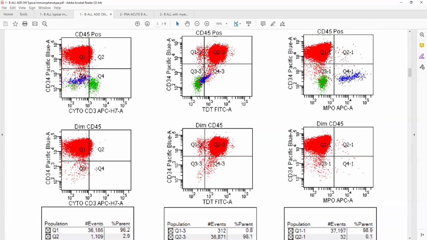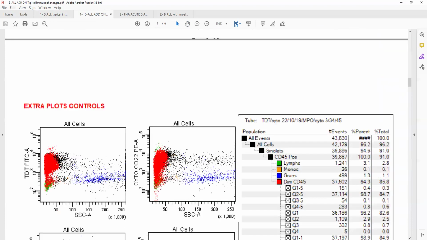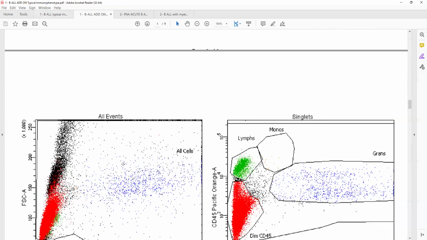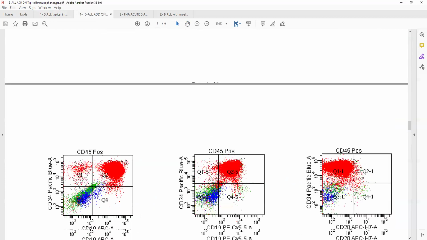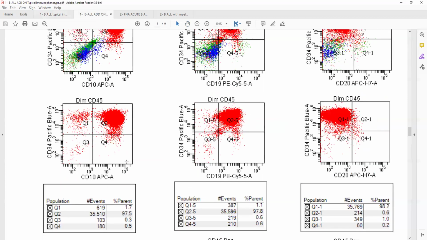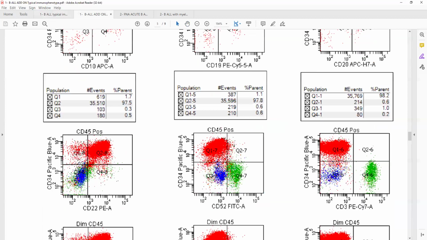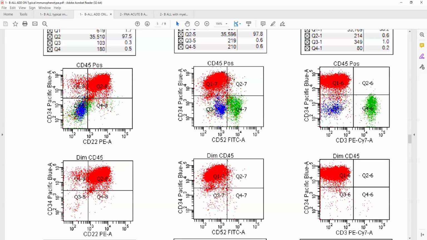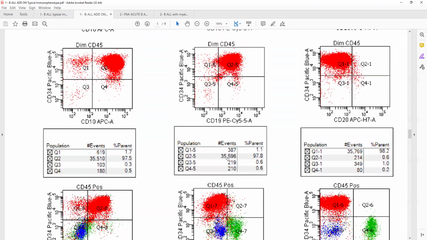So the overall findings that we have here is we're dealing with a B lymphoid blast population that is positive for B cell markers, including CD10, CD19, cytoplasmic CD22, and this population is dim for CD45, it's positive for CD34, which are general hematopoietic markers.